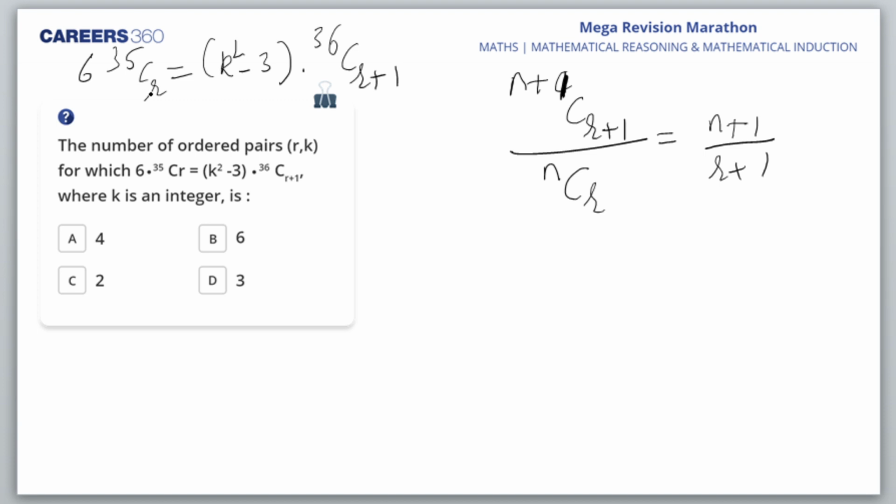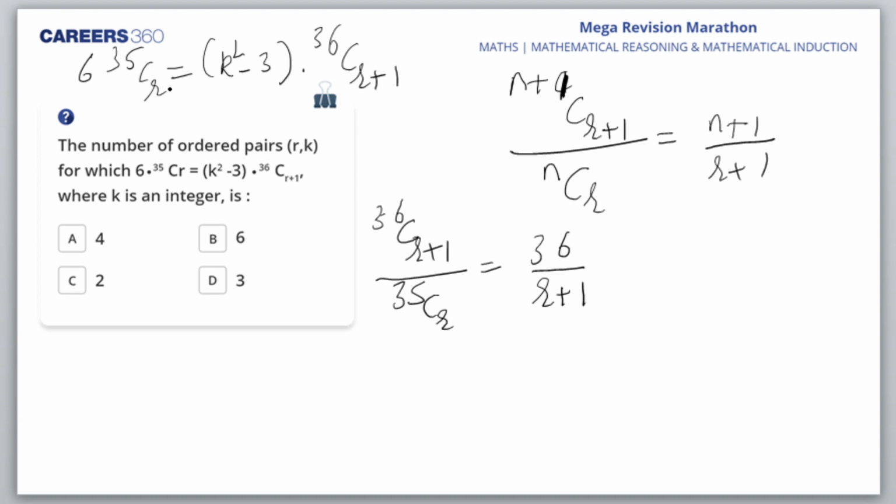So if I take 35 CR on the other side, I'll get 36 C R plus 1 upon 35 CR equal to what? Tell me. It would be 36 upon R plus 1. Am I right, students? So 36 upon R plus 1.